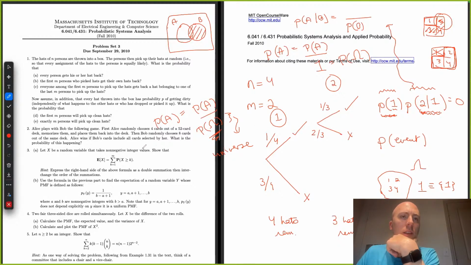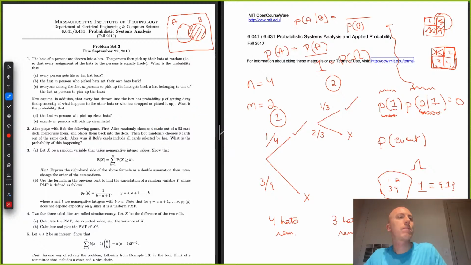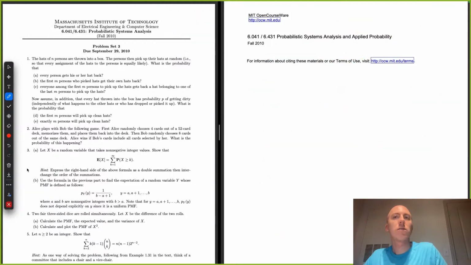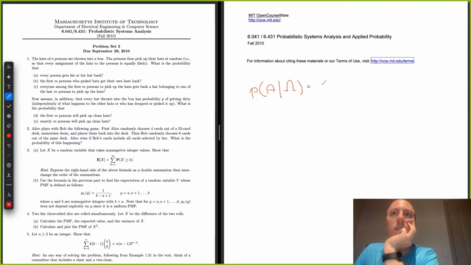Just thinking about conditional probability, we could say the probability of A given omega is equal to the probability of A over the probability of omega, and this is true because that denominator is 1.